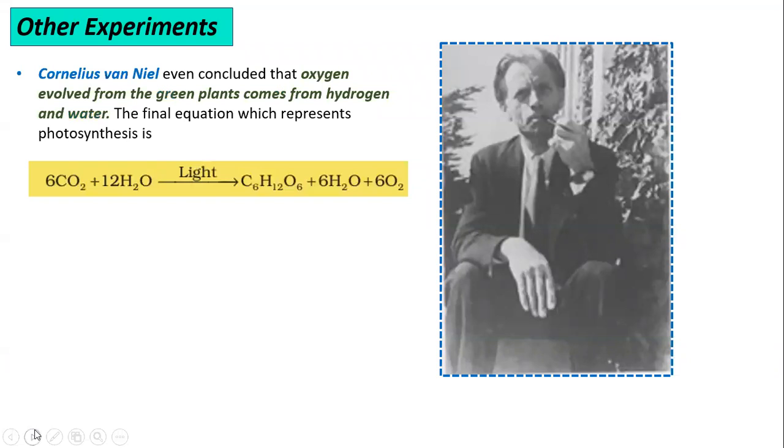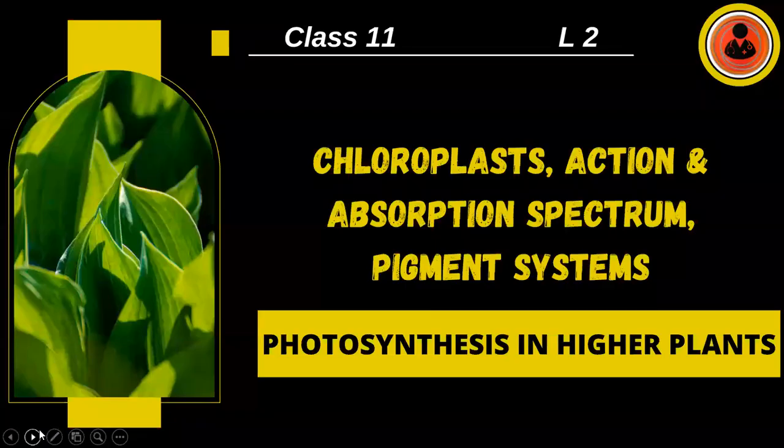And he gave the final equation of photosynthesis as well: 6CO2 plus 12H2O in the presence of light and chlorophyll gives C6H12O6 plus 6H2O plus 6O2. It was Cornelius Van Niel who gave the final modified form of the equation of photosynthesis.